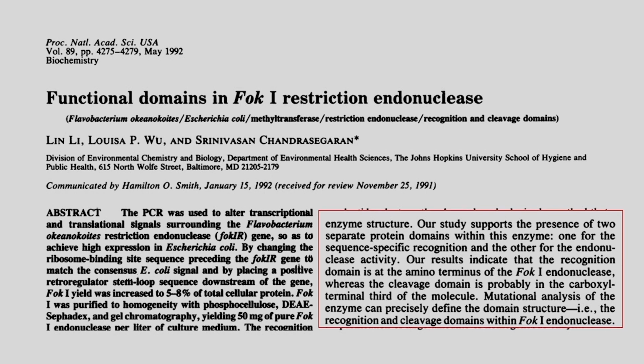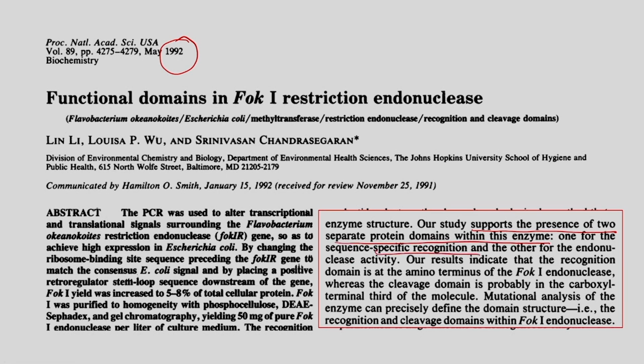Now, this is one of the important works carried out by Chandrasekharan and his colleagues, and they published their results in 1982, where they identified the functional domains of FokI restriction endonuclease. So, their study proved the presence of 2 separate protein domains within this enzyme, which we have already discussed.